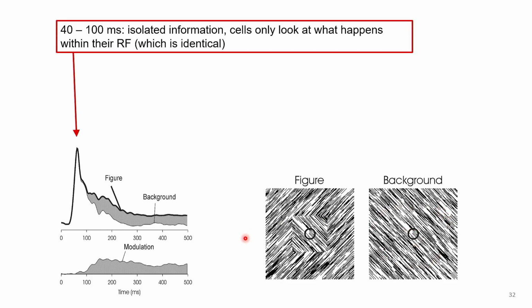And then this is what you get, which is that from 40 to 100 milliseconds on, you see that the responses to these two situations of such neurons in primary visual cortex is exactly the same. Which you would expect, given that these cells have these small receptive fields. So cells indeed only look at what happens within the receptive field. And that being identical, the response is also perfectly overlapping.